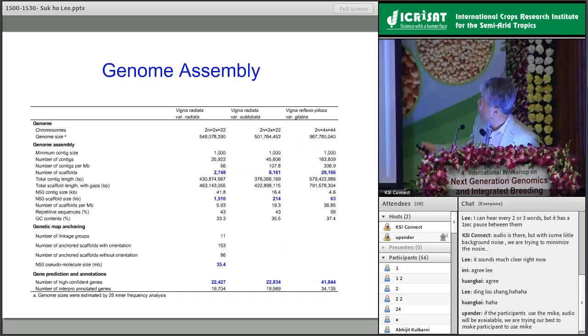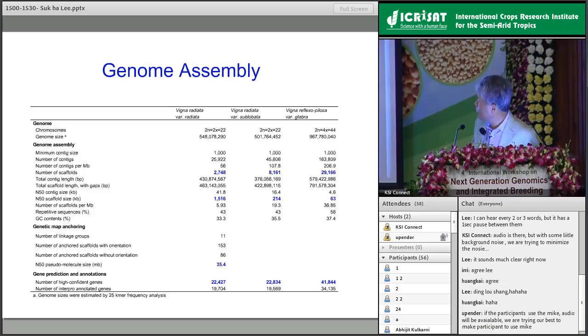To know the epigenome sequence, we adopted bisulfite sequencing technology for these two Vigna radiata. Just briefly, for the genome assembly of the mungbean Vigna radiata, we have about 2,748 scaffolds, and the N50 of the scaffolds is 1.5 megabase.